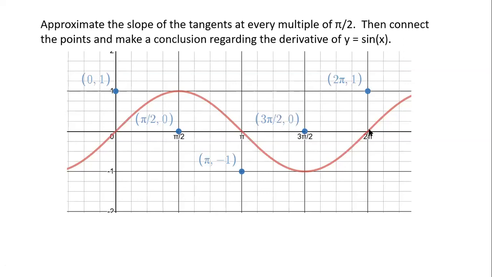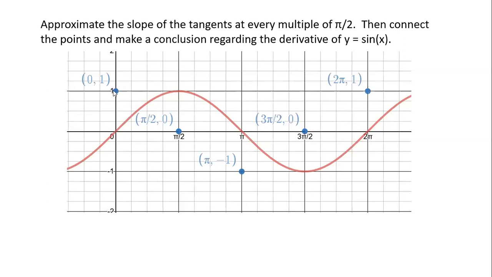When you get back over here, it's the same as the beginning: at 2 pi, the slope is again 1. So all of these points, 0, 1; pi over 2, 0; pi, minus 1; 3 pi over 2, 0; and 2 pi, 1, are all points on the derivative function.